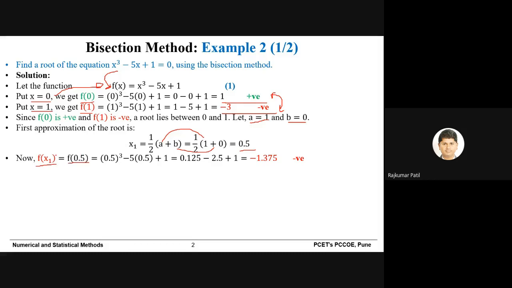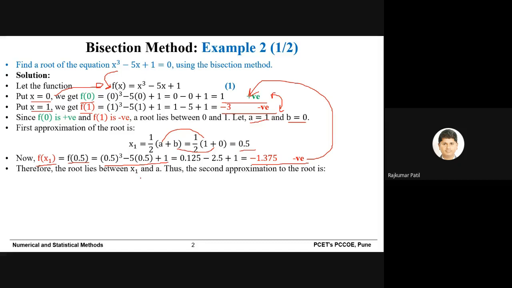So put x is equal to 0.5 in equation number 1 and simplify. You will get f of x1 as minus 1.375, which is negative. And previously, when x is equal to 0, the function was positive. So we can say that the root lies between 0 and 0.5, that is x1 and a.